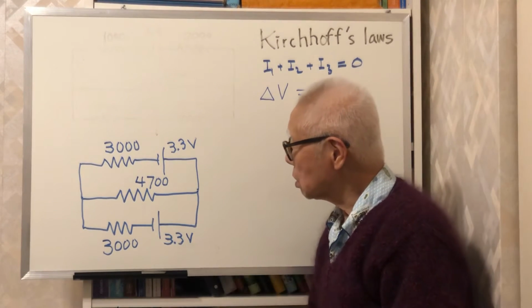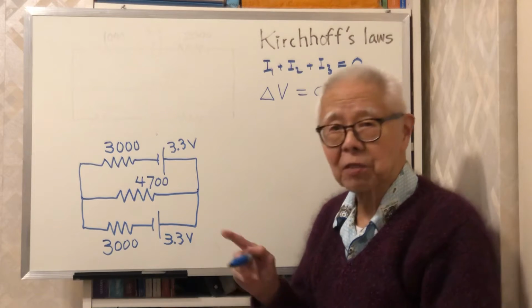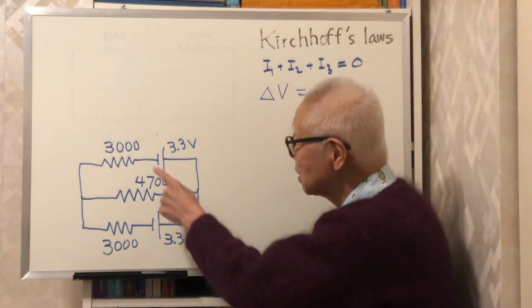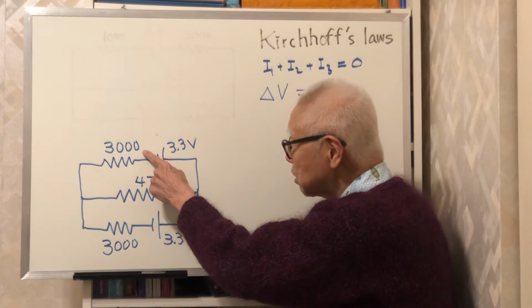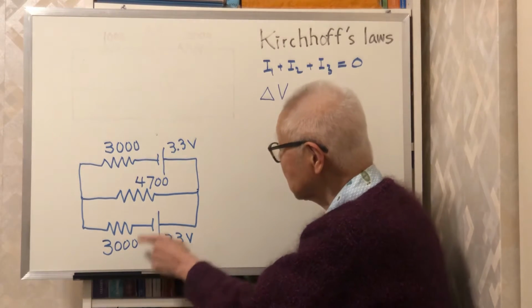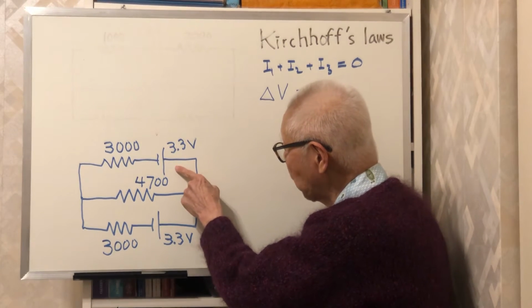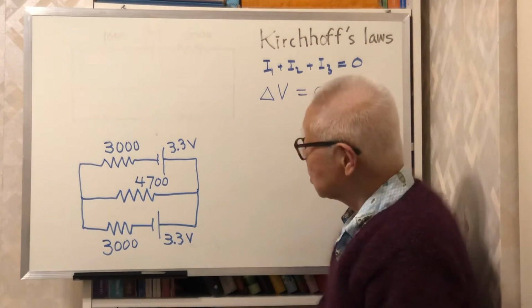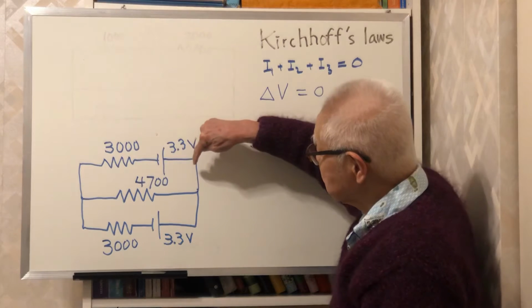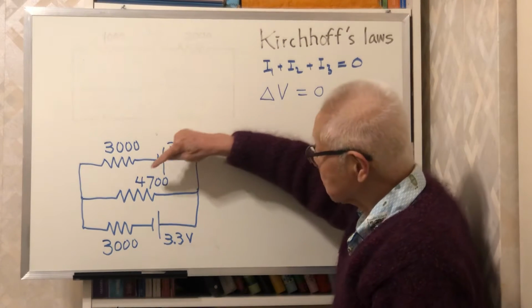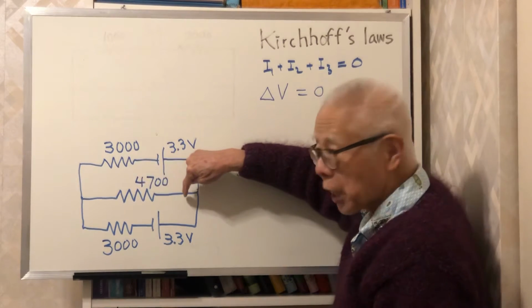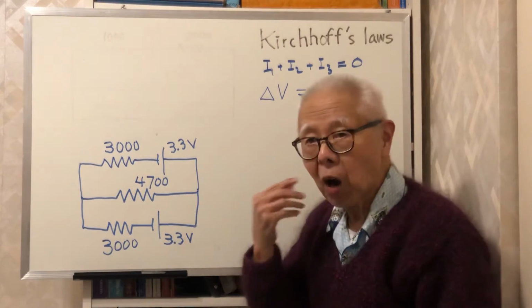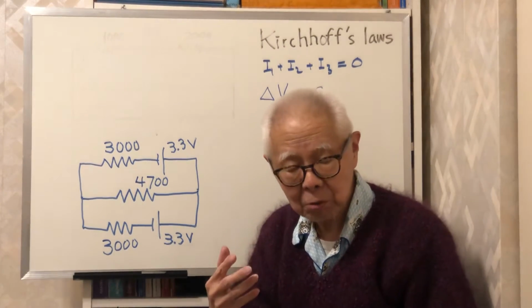Now, look, because the values given are so special, here, 3000, battery voltage 3.3, this branch are all in parallel.